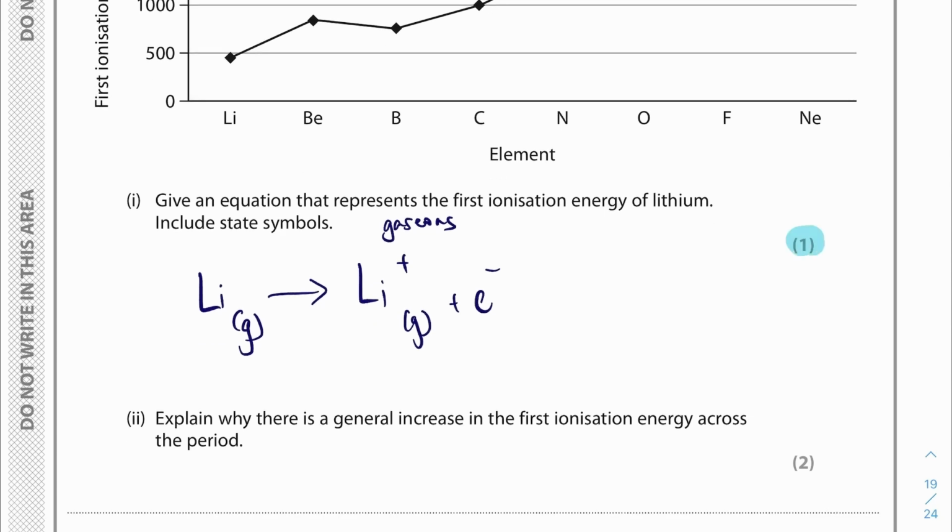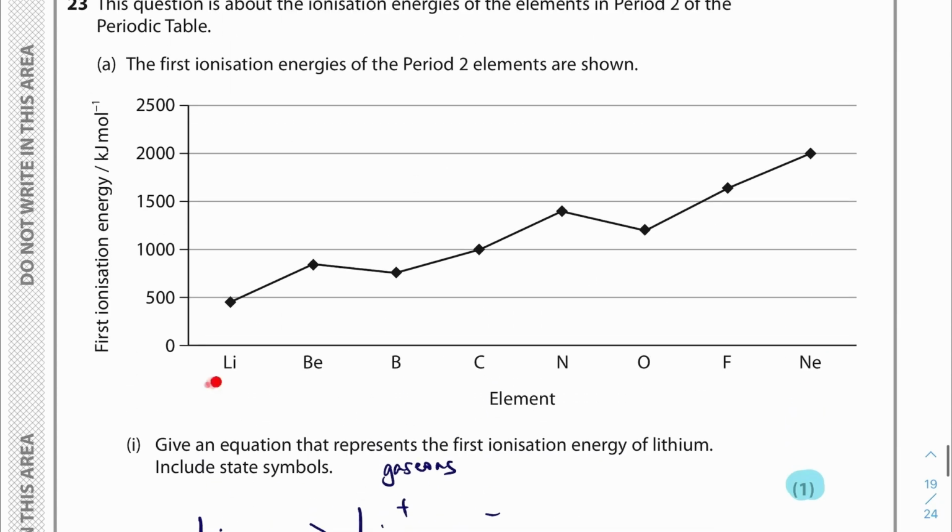Now explain why there's a general increase in the first ionization energy across the period. What's happening as we go across the period? We are increasing the number of protons, right? And because we increase the number of protons, what's happening to the effective nuclear charge?